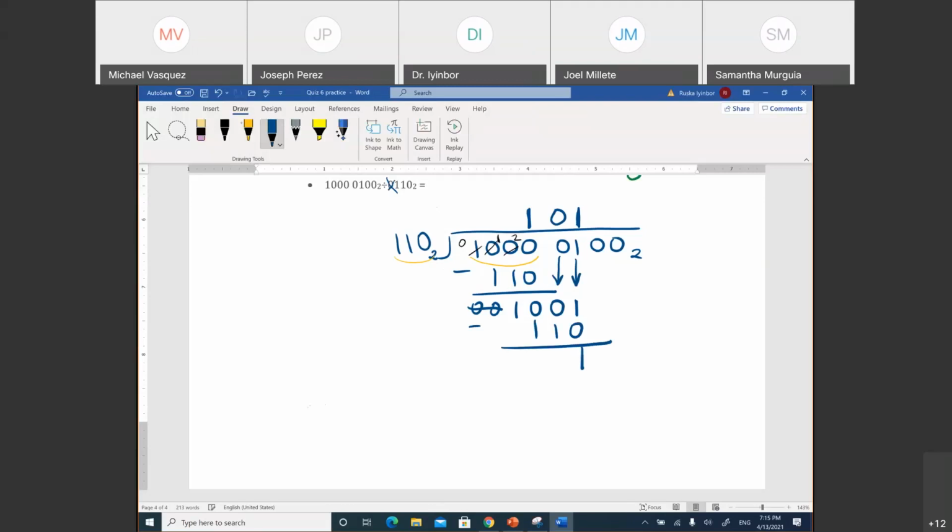Now we have to go ahead and borrow again. So we're going to cross this, and this becomes 0, 1, and 2. And then you subtract. So 2 minus 1 is 1, 1 minus 1 is 0, and you bring that 0. So these are insignificant. So this is what you have so far, 1, 1, and then you're going to bring the next digit, 0, which is exactly what you have.